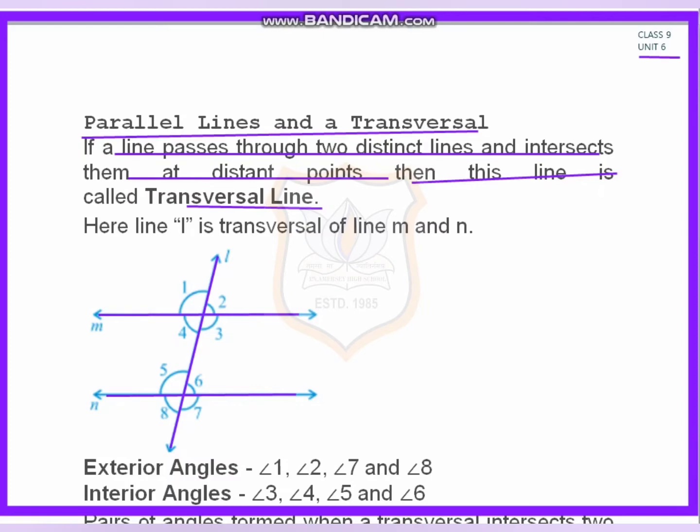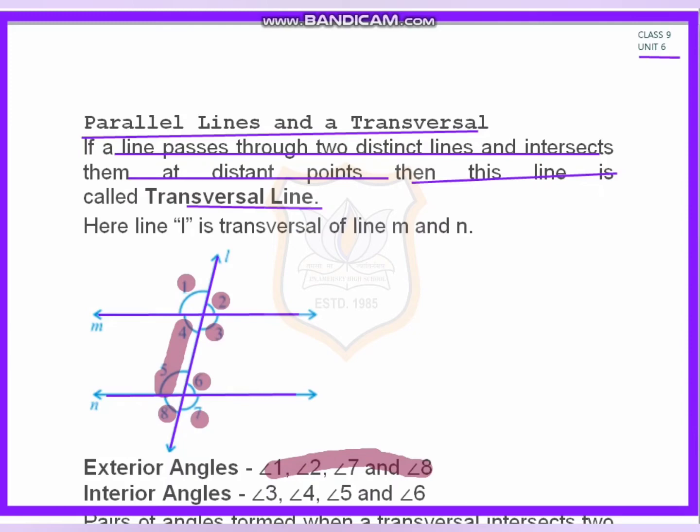A transversal on two parallel lines forms 8 angles. Here I have noted these 8 numbers as angles: angle 1, 2, 3, 4, 5, 6, 7 and 8. The total number of angles formed is 8. Now exterior angles: angles 1, 2, 7 and 8 are called exterior angles.